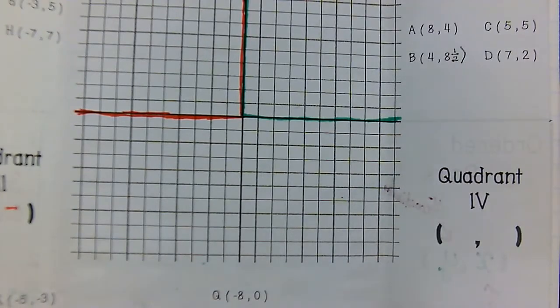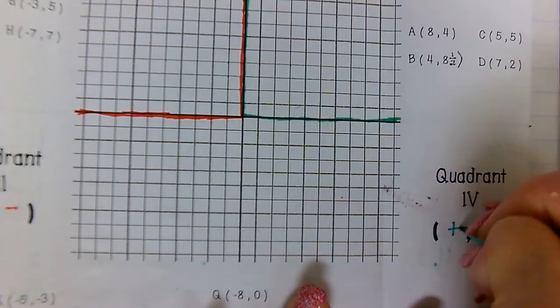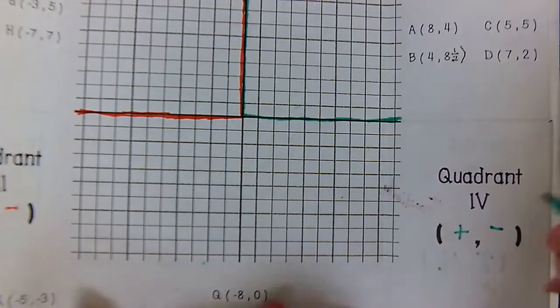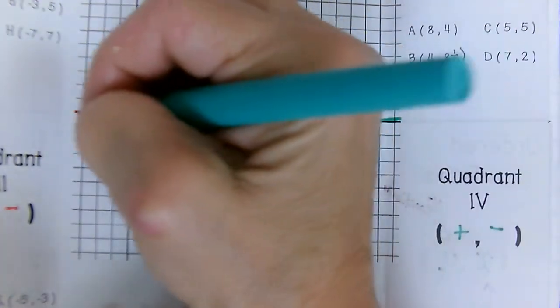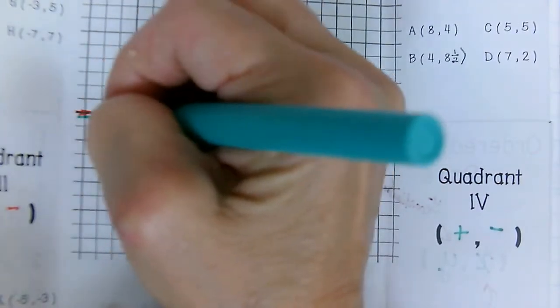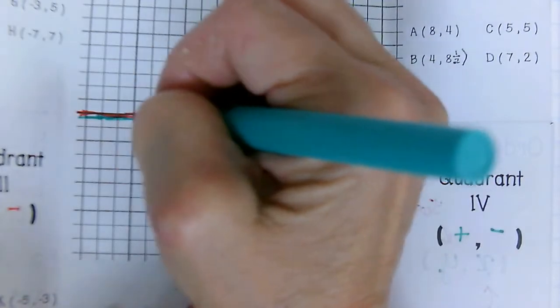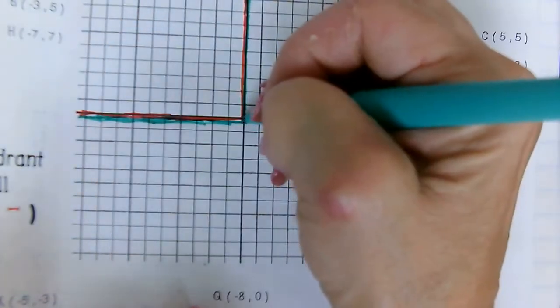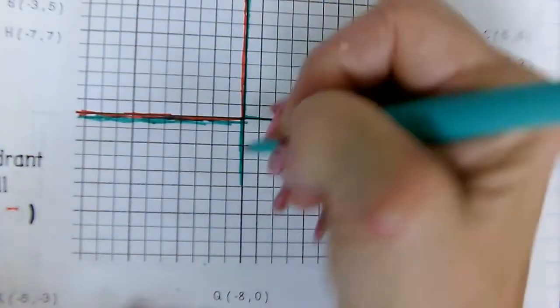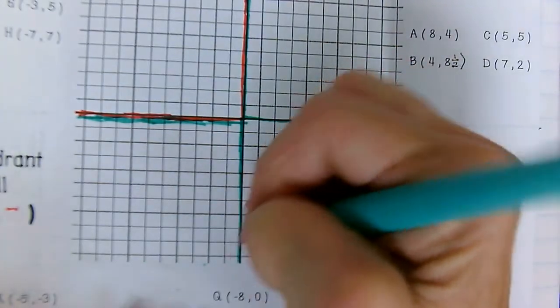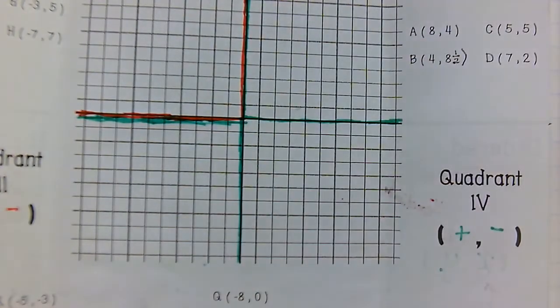The first number is positive and the second number is negative. And let's branch these off just so you know, anything inside the lines is in these quadrants, okay? I'm just making it darker with color just so you can identify them.